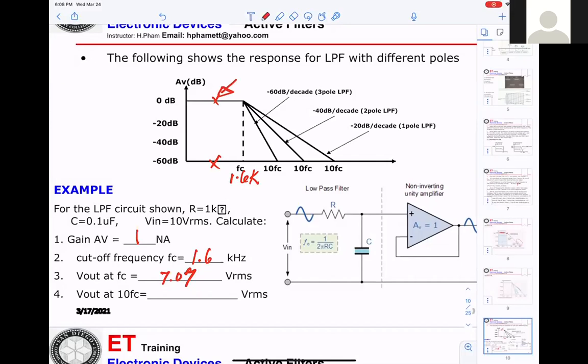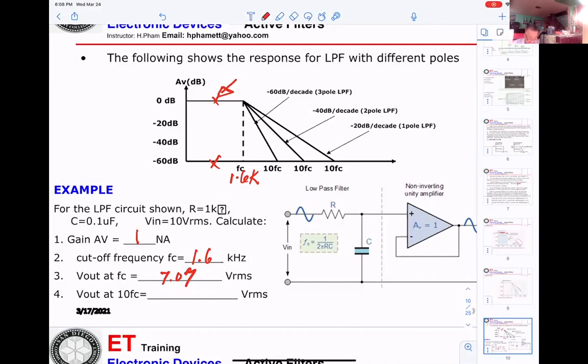How come you get 707? No, approximately 10 volts, because the gain is 0 dB. That means input and output are the same. So at that point, you will get 10 volts RMS. That is the mid range.